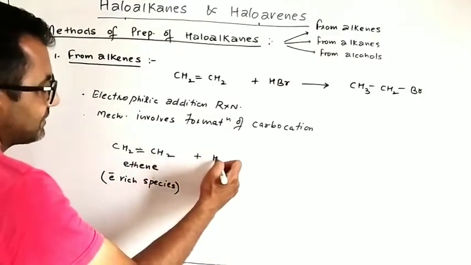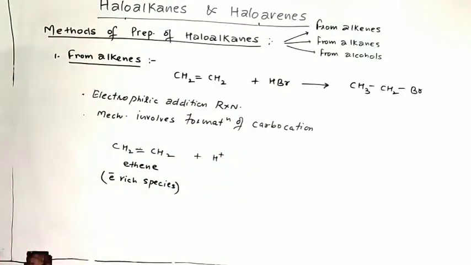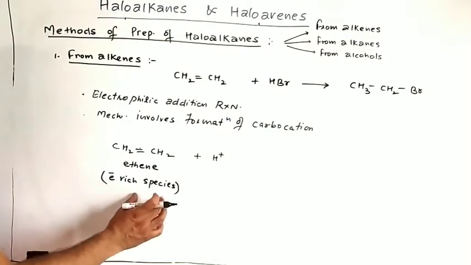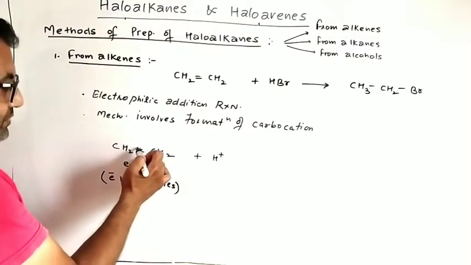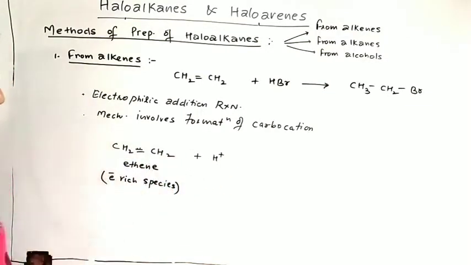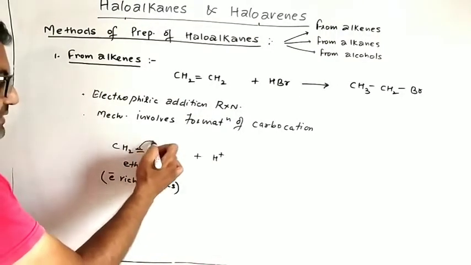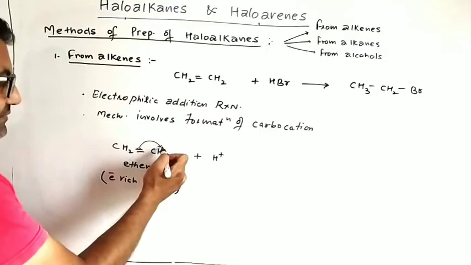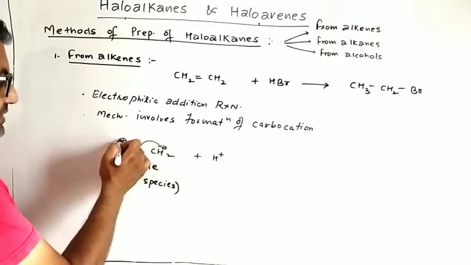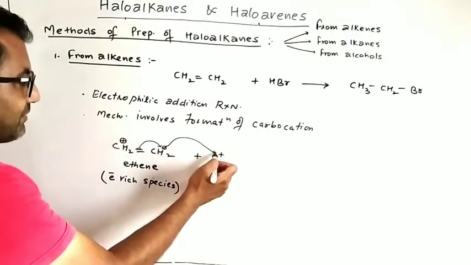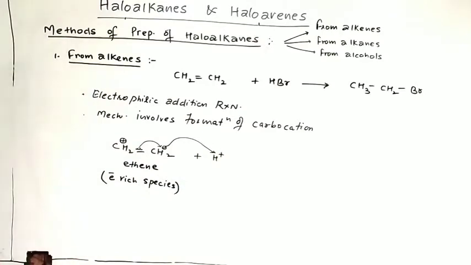When H+ is added first, H+ is the electrophile, so this ethene will act as a nucleophile because it is an electron-rich species. When H+ comes close to this ethene, one of the pi bonds shifts in this direction, this carbon gets a negative charge and this one gets a positive charge, and the negative attacks the electrophile.